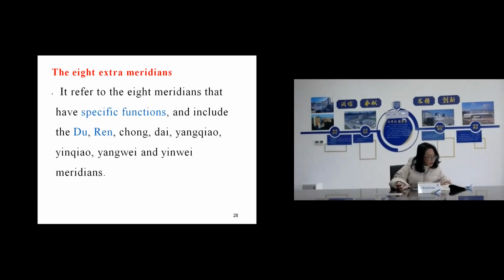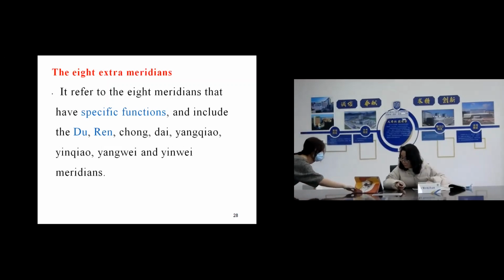The 12 regular meridians connect with the 脏腑 organs interiorly and exteriorly. For example, the lung, pericardium, heart, spleen, liver, and kidney are 脏 organs. 脏 organs belong to the yin organs.